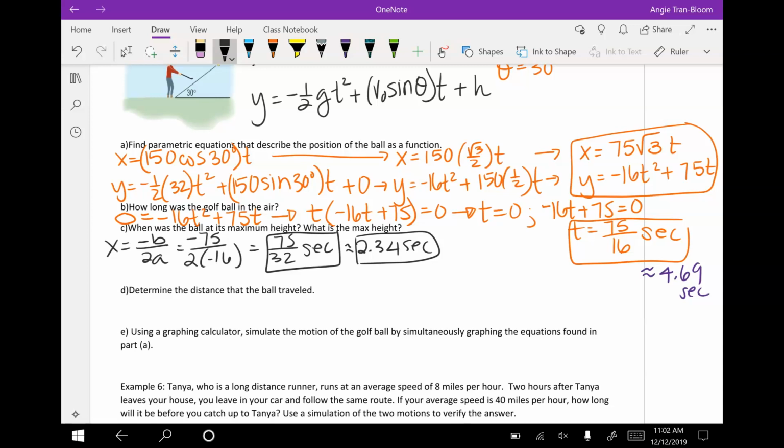Let's do it. So y equals, we have to plug it in, negative 16 times 75 over 32 squared plus 75 times 75 over 32. Don't round until the very end, so keep your fraction. Now, bust out your calculator. And now you can round. But again, don't round until the very, very end, because if you round too early, you're going to be a little bit further from the truth.